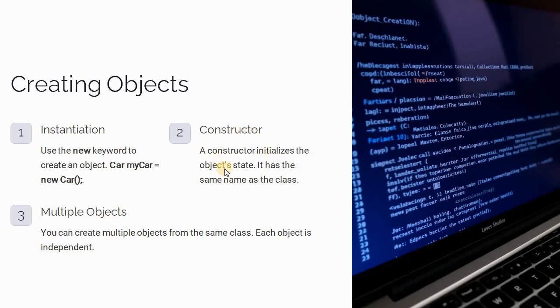We will see constructors in the next videos. The constructor is first called by the JVM, and through the new keyword you can create multiple objects of the Car class, and each object has its independent memory location. That we will also see in the next chapter.